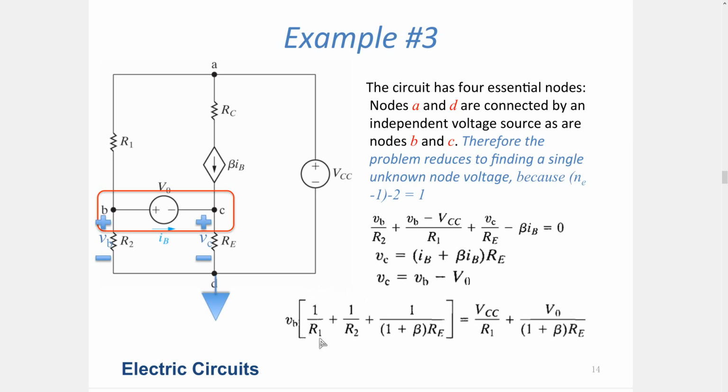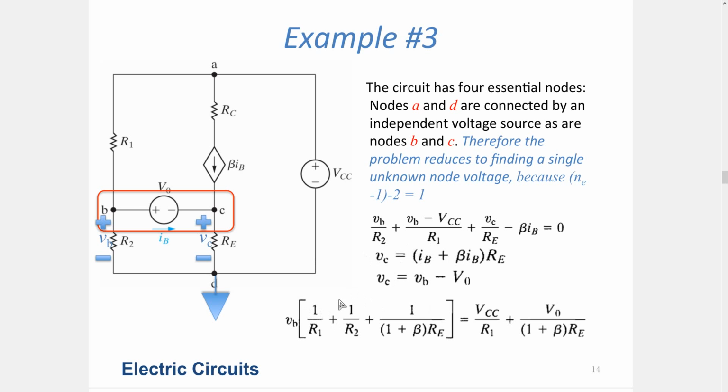So as you can see, the only unknown is VB, so that we can simply solve the VB from this in closed algebraic form. Then once I know the VB, I can put it here to find the VC. This equation will help me to find the VC. And once I know the VC, I can simply find IB from here.